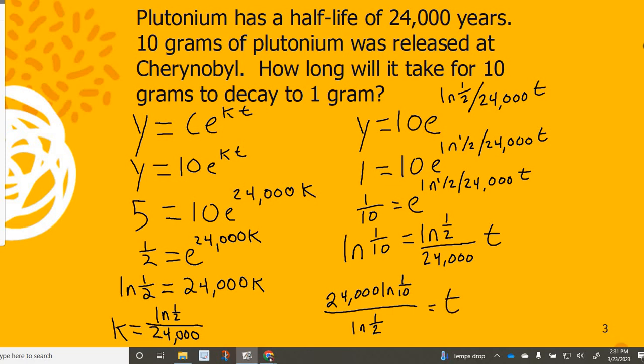Equals t. And if this was a non-calculator question, that would be our answer. But this is a calculator question. Yep. Okay. So what do we get? Who has their hand out getting the calculator?